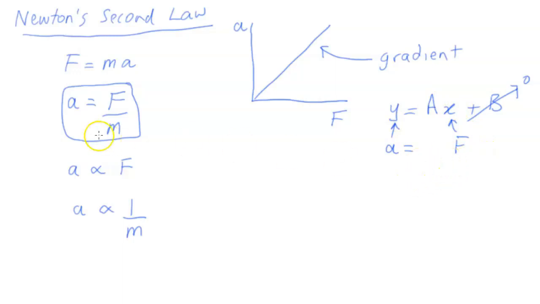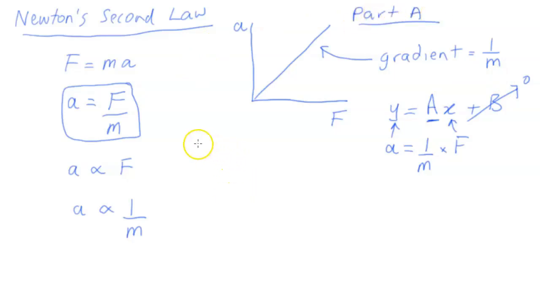And if we come back to the equation, the gradient must be 1 over the mass. So therefore, if the gradient equals 1 over mass, then the mass will be 1 over the gradient. Okay, and that's something you can come back to and check later. So this essentially is part A.